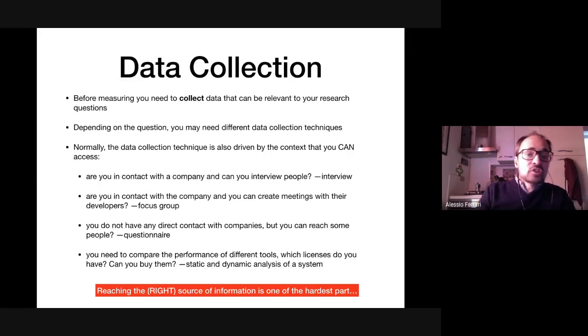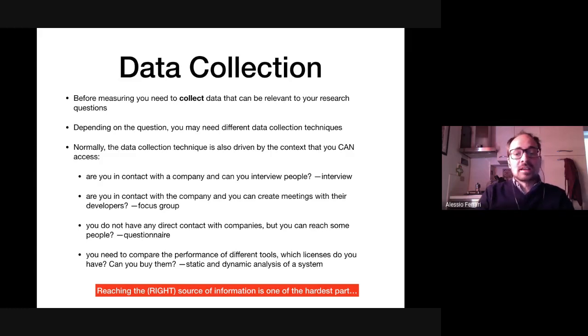In another case, you may be in contact with the company, and you are able also to take some time in which you gather more subjects altogether. Consider that this is very difficult, okay?